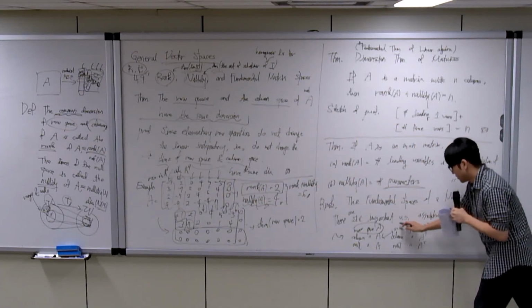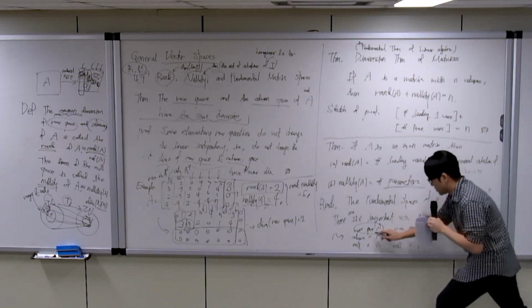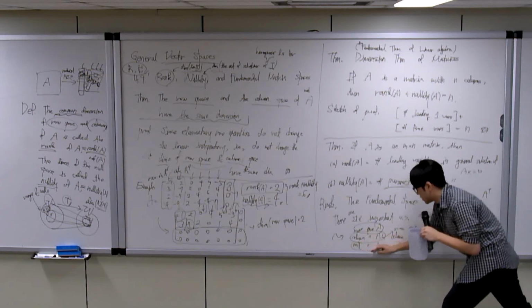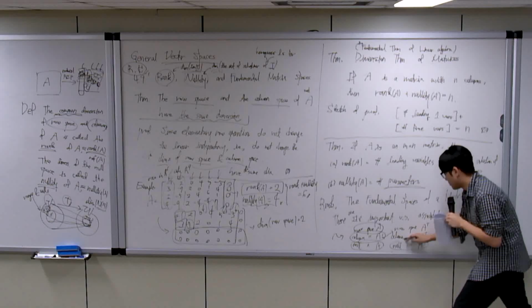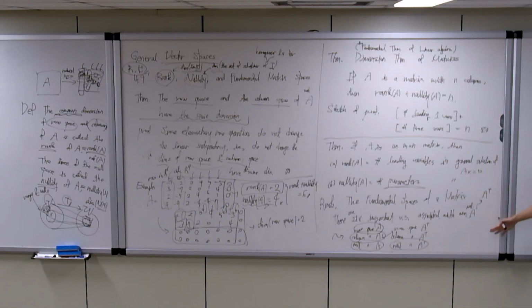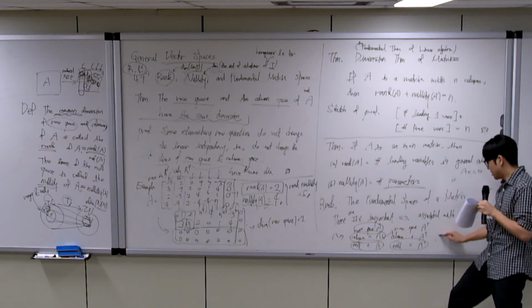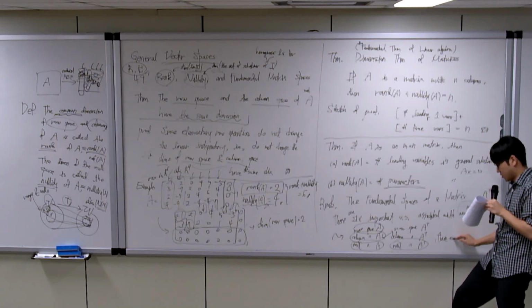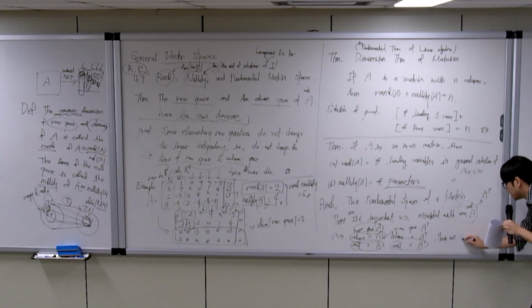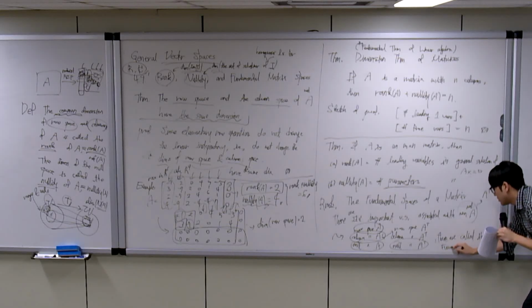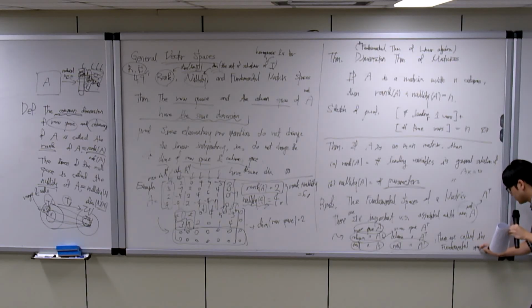So in this sense, there are exactly 4 vector spaces for an M by N matrix A, and these are called the fundamental spaces of a matrix A.